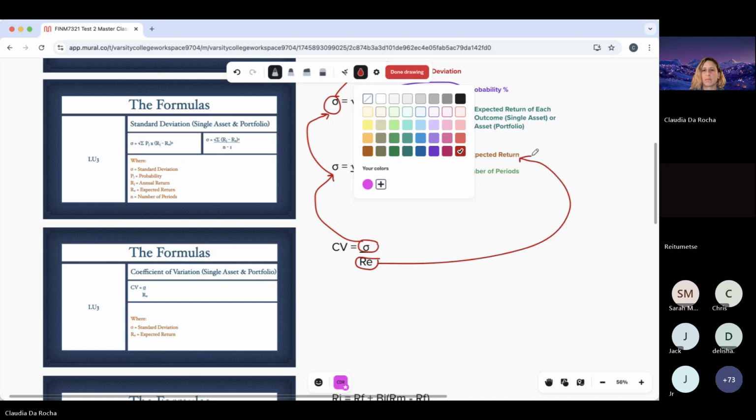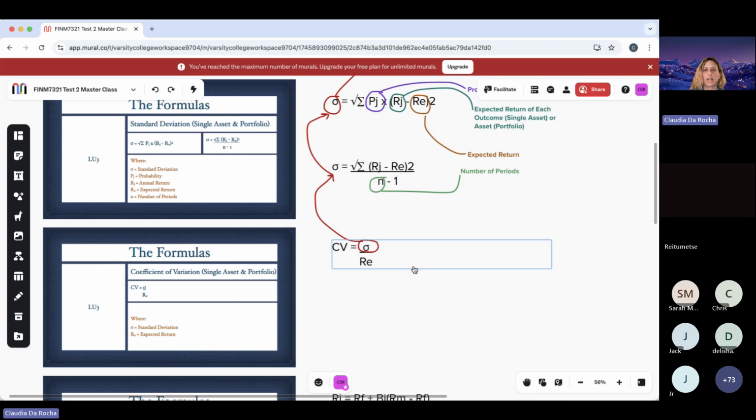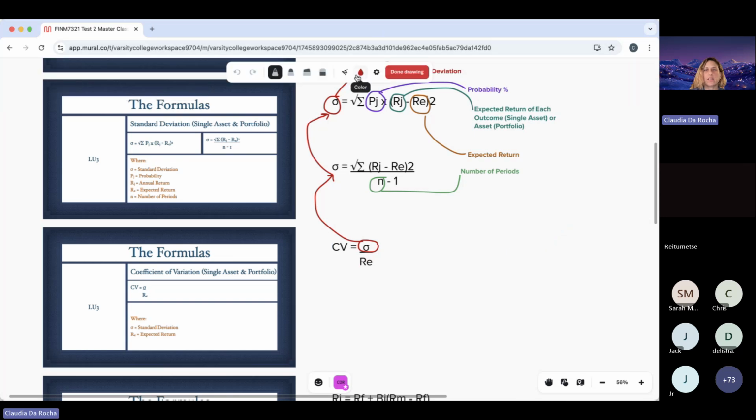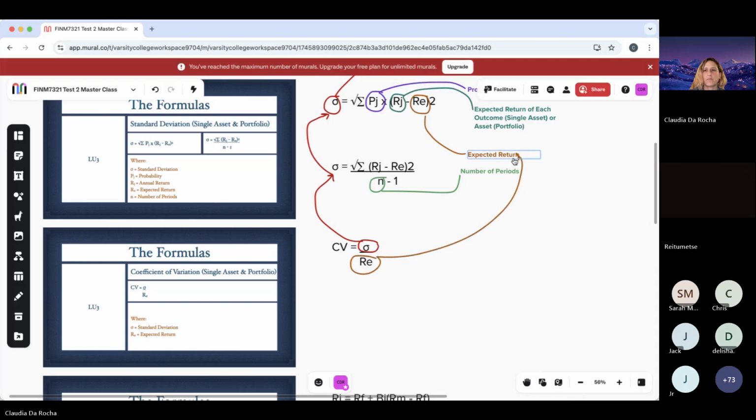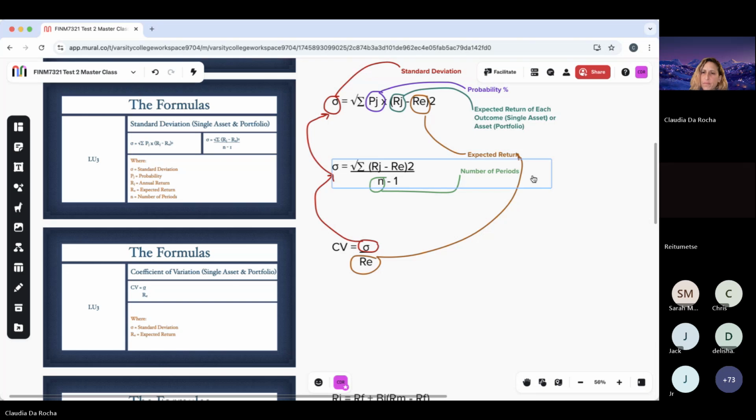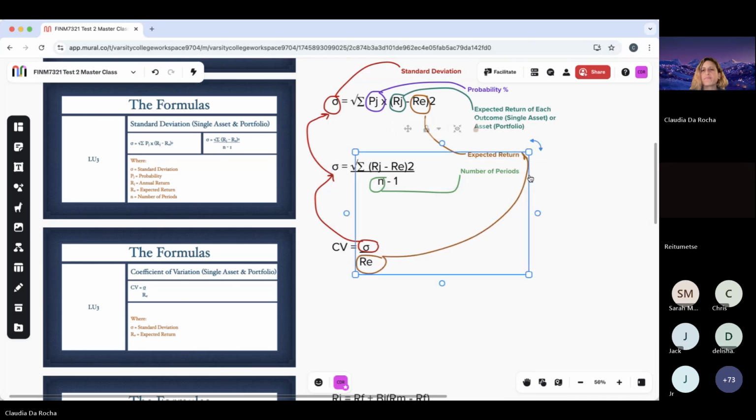Same. Well, I think I used the same color. Let me just fix that. So again, this answer is basically a result of the answers you've answered previously.